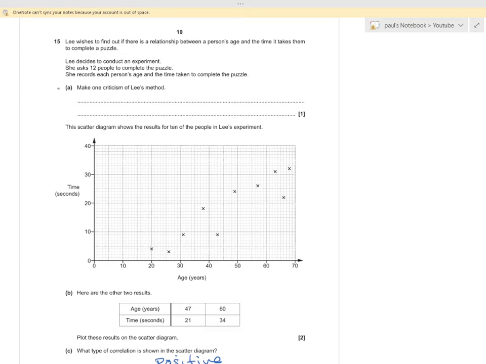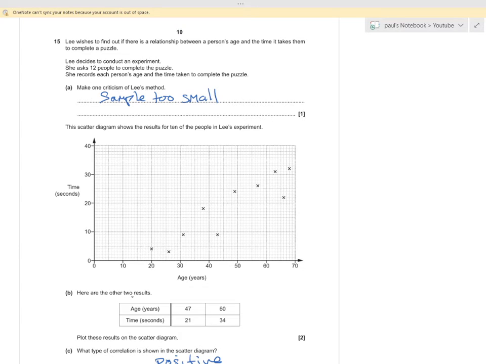I've answered C before I've answered A and B, haven't I? What's A? Make one criticism of Lee's method. She asked 12 people to complete the puzzle. The sample is too small. Only asked 12 people. That's no good. Any explanation, as long as it makes sense, will be good enough for that.